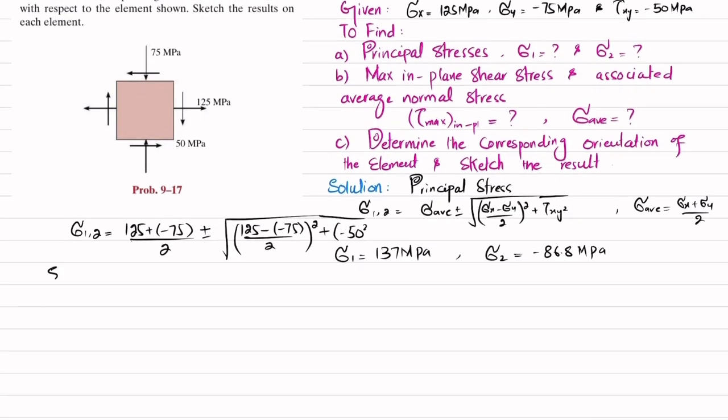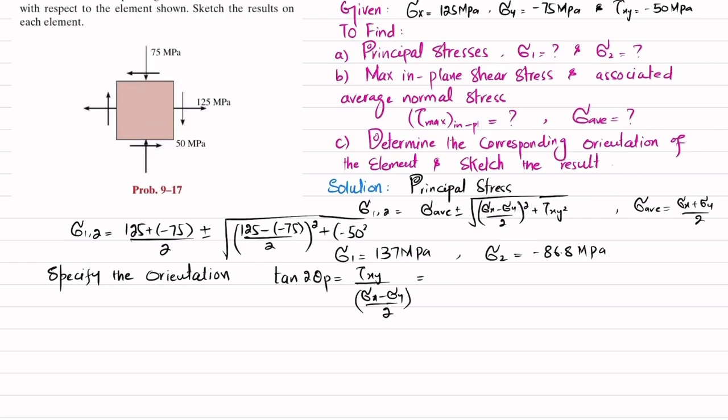Now we'll specify the orientation. Clear? So for orientation, we know that it is the angle through which these principal stresses act. So this angle is given by tangent of 2 theta p is equal to tau of xy divided by sigma x minus sigma y divided by 2. Clear?